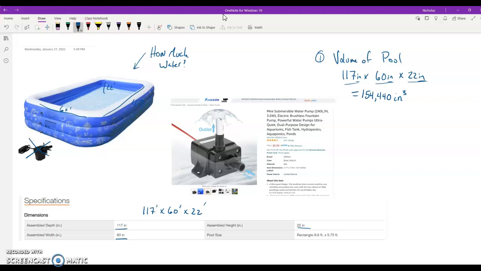Now, so there's 154,440 inches cubed worth of water in that. Like if I had little cubes of water. But that's not typically how we think about water. We think about it in terms of gallons. So it would be very, very helpful if we had a unit to help us equate measurements into gallons.